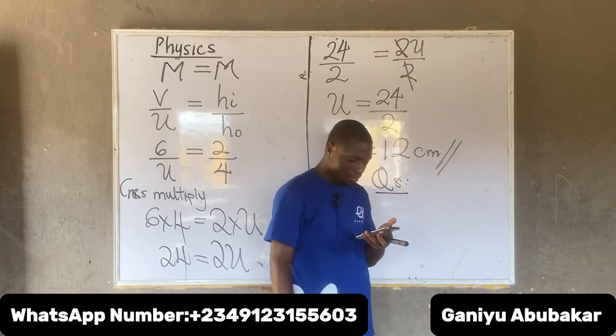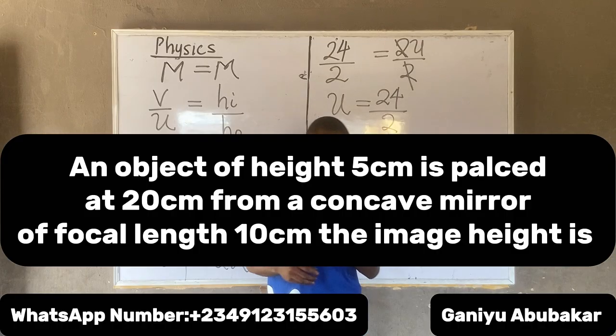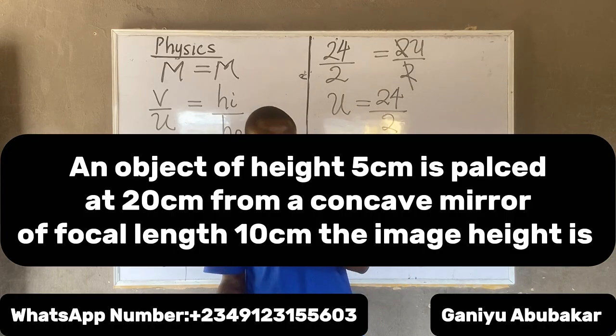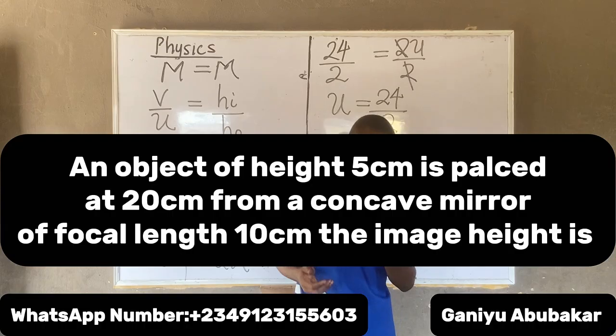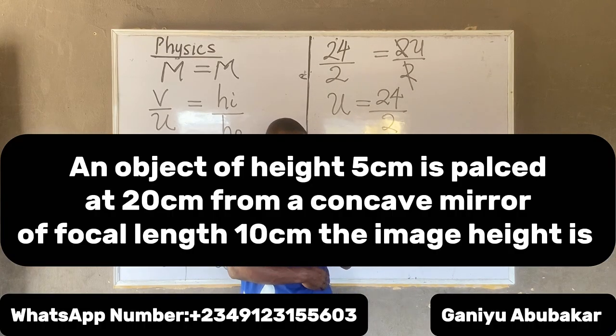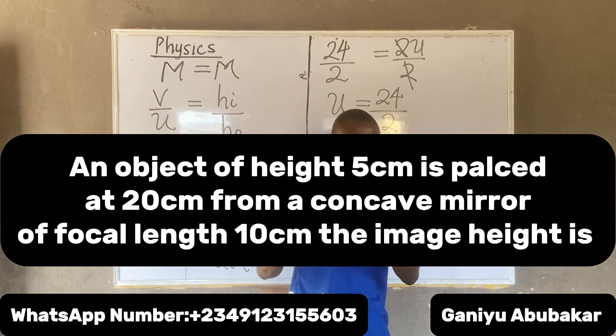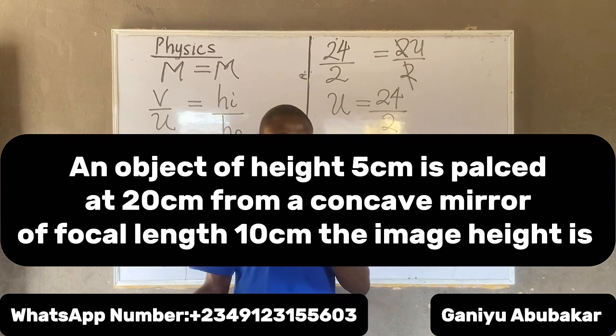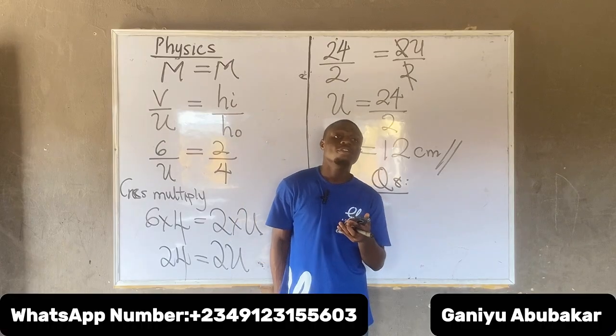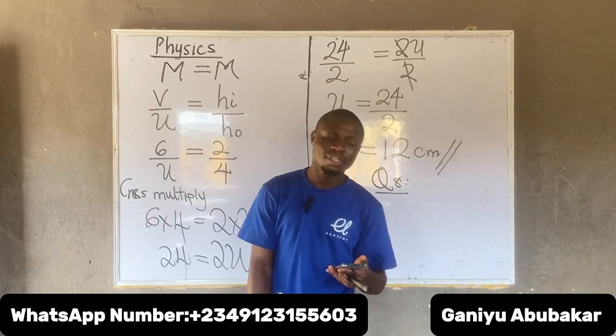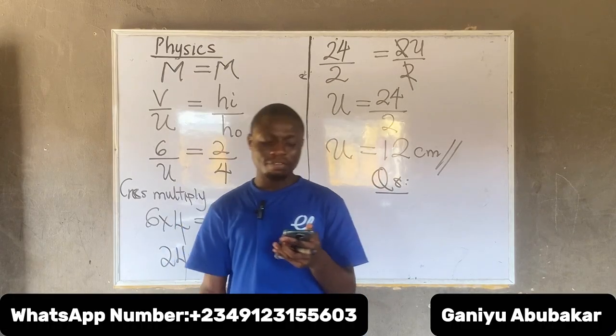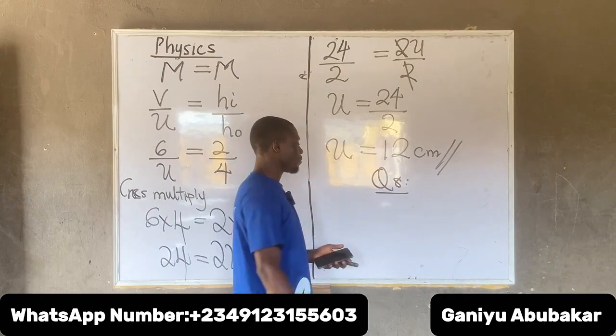Question 8 says, an object of height 5 cm is placed at 20 cm from a concave mirror of focal length 10 cm. The image height is dash. Option A, 20 cm, B, 15 cm, C, 10 cm, and D, 5 cm. How do we solve this?